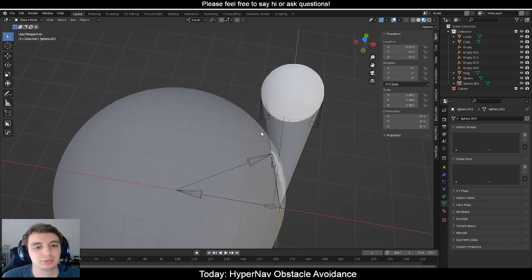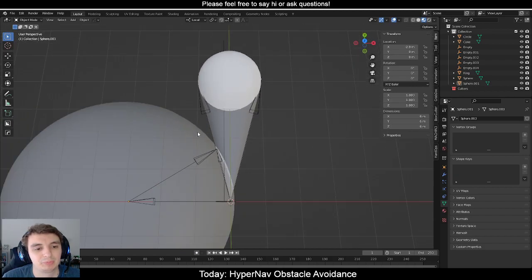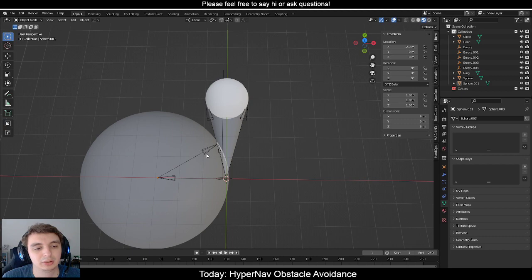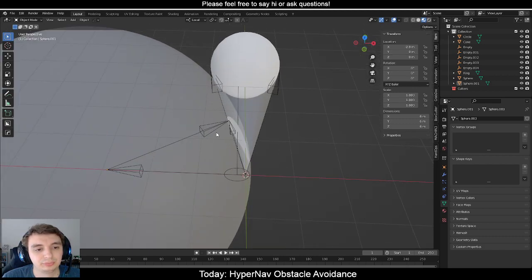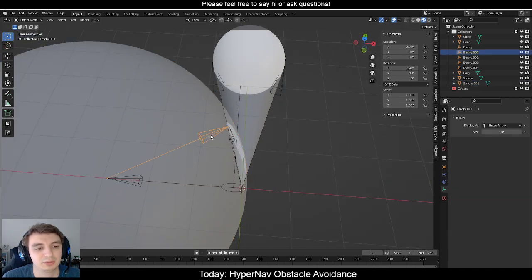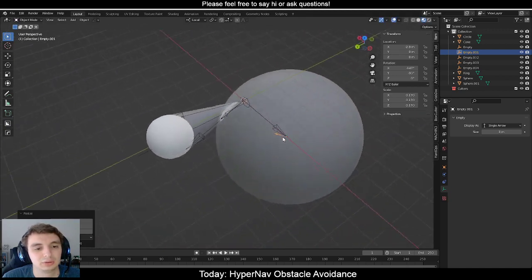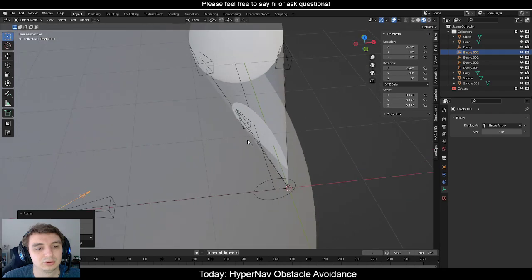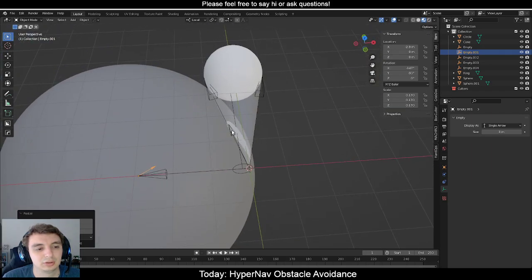Now here's another possibility. Is there a case where my possible velocity is so low, I mean, I guess I can just go around it.